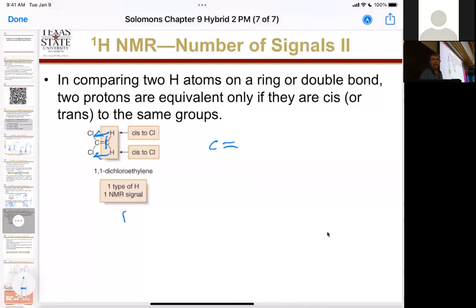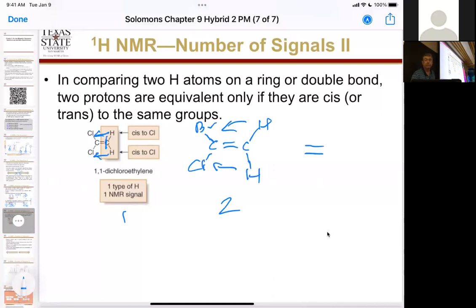What if we did this? Okay, so there's still 2 hydrogens on the same carbon and we still have electron withdrawing groups nearby, but this one sees bromine, this one sees chlorine. So we have 2 signals.